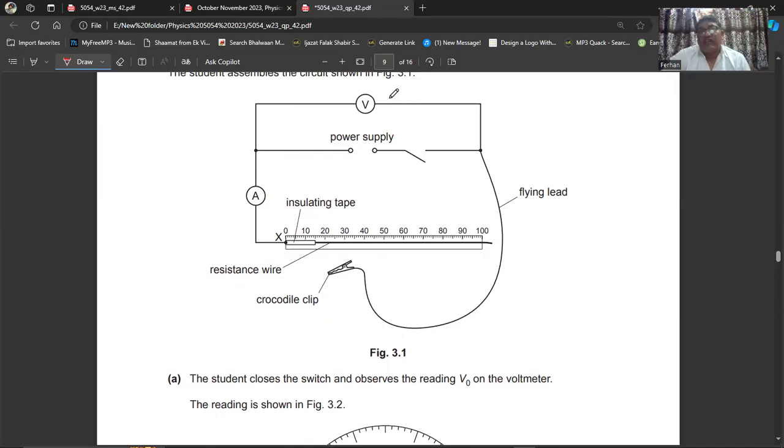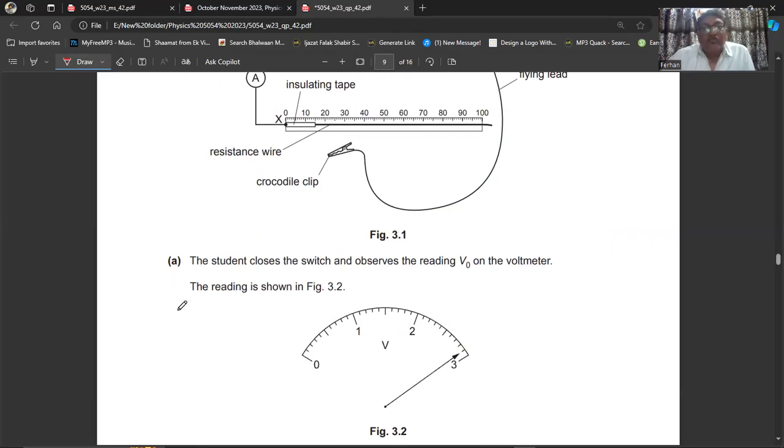Here is a voltmeter connected parallel to the power supply. Here we have an ammeter, which will tell you the amount of current flowing through this wire. Here we have a crocodile clip. The wire is attached on a meter, so you can measure how much length of the wire you are using in the circuit. So this is a flying lead.